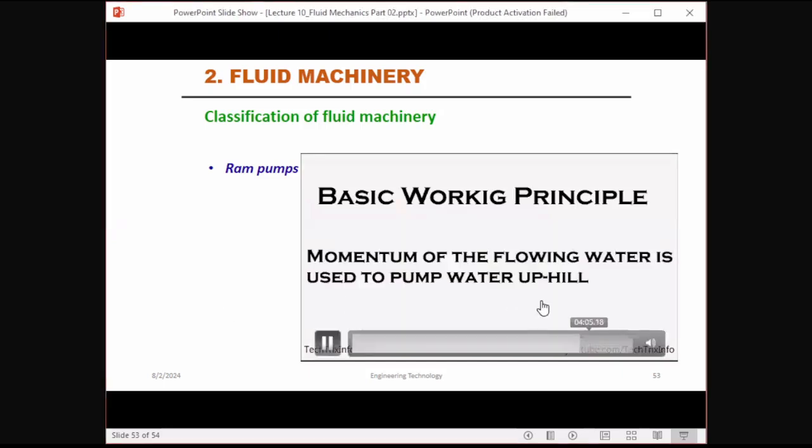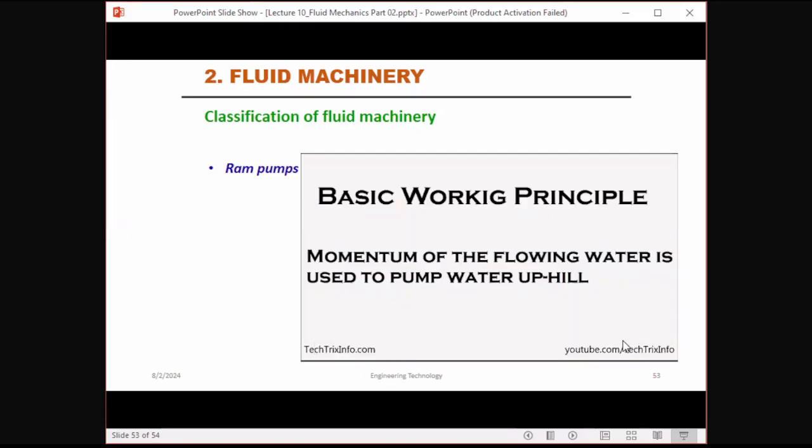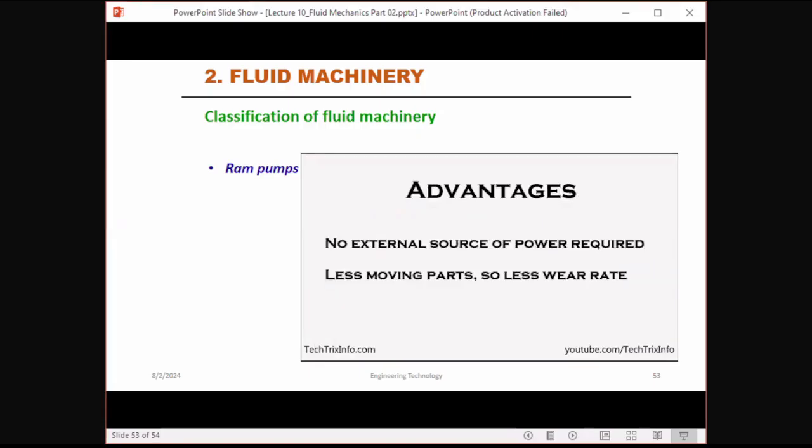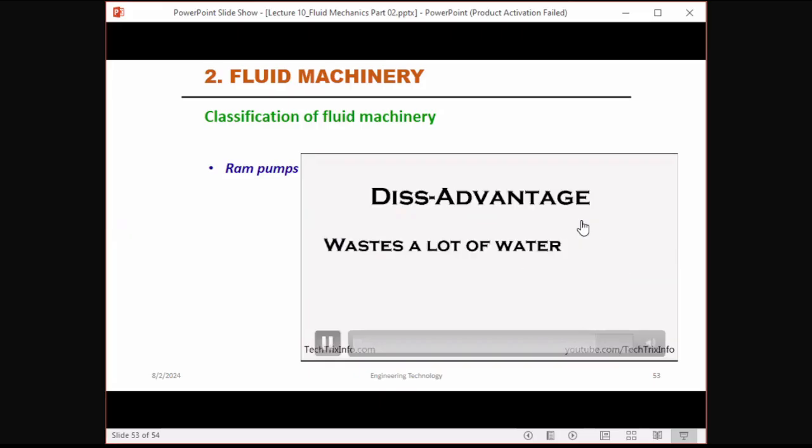And you can see the basic working principle that we can summarize is that the momentum of the flowing water is used to pump the water uphill, and there is no power requirement in a ram pump. The advantage is that no external source of power is required, as I told you, and there are fewer moving parts, so less wear and tear happens inside a ram pump. The disadvantage is waste.